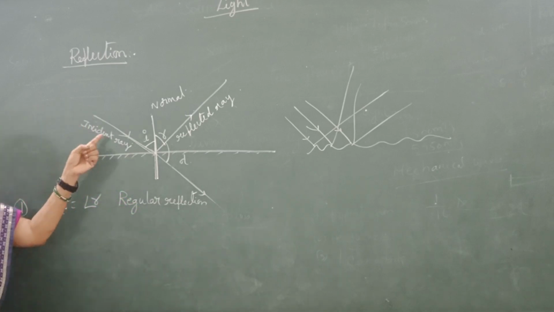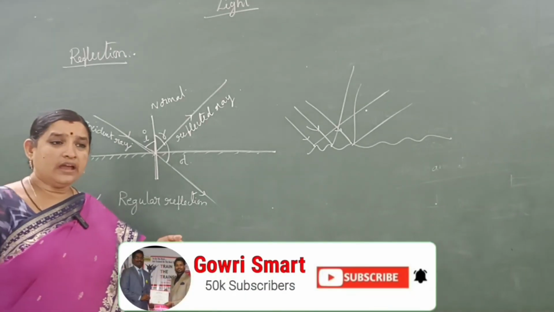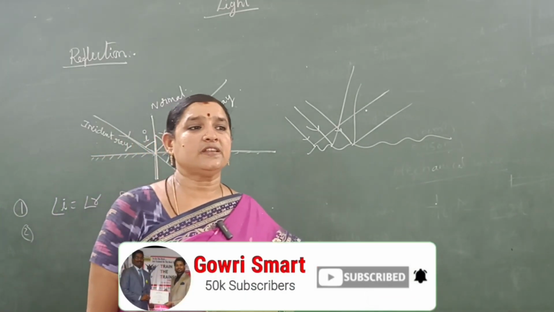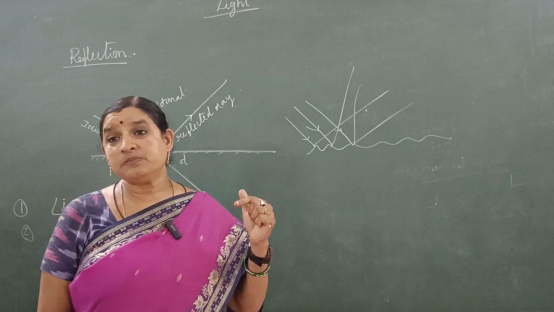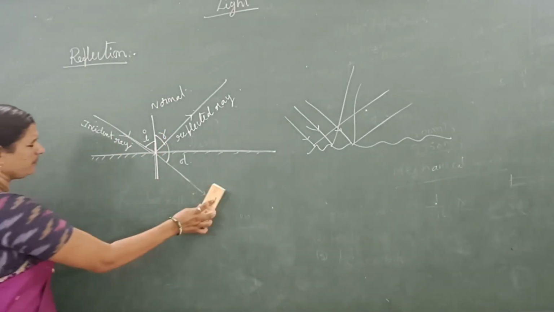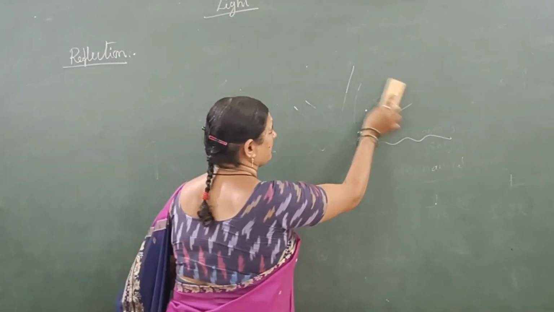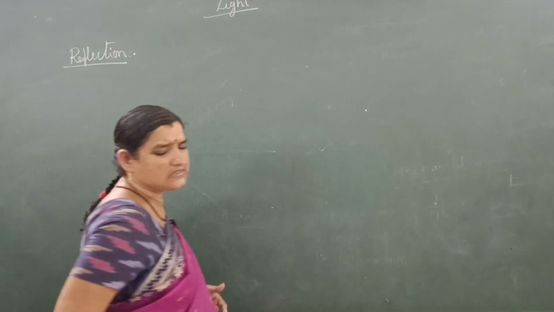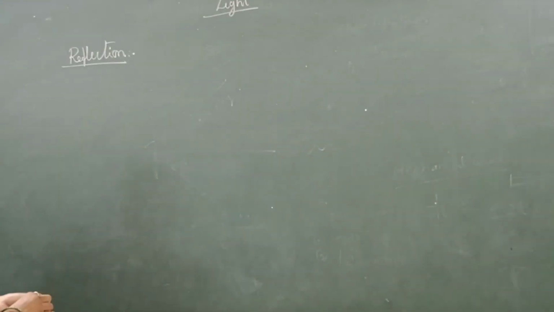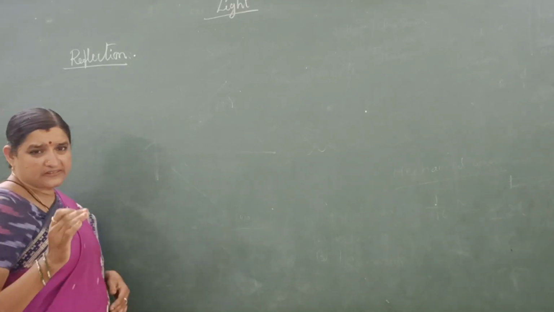Okay. Up to now we discussed the plane surface. Are there any other kinds of reflecting surfaces? We also have spherical surfaces. Let us see about them. Surfaces are of two kinds.